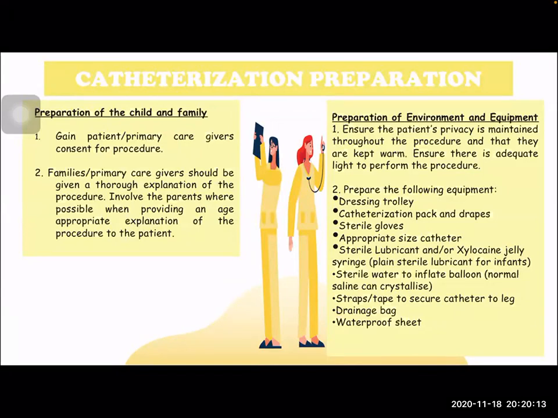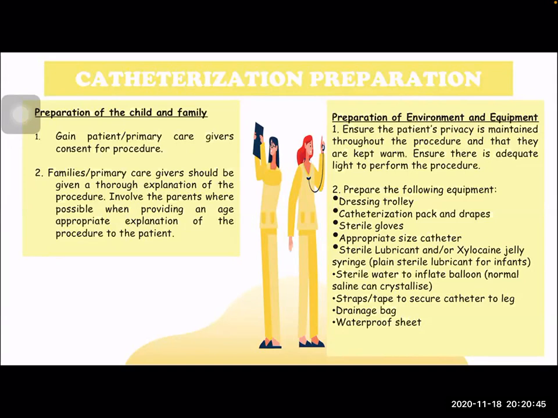And then for the preparation of the environment and equipment, ensure the patient's privacy is maintained throughout the procedure and they are kept warm. Also ensure there is adequate light in order to perform the procedure. The equipment that is needed is a dressing trolley, catheterization pack and drapes, sterile gloves, appropriate size catheter, sterile lubricant and or xylocaine jelly syringe, but usually in infants, sterile lubricant is used.